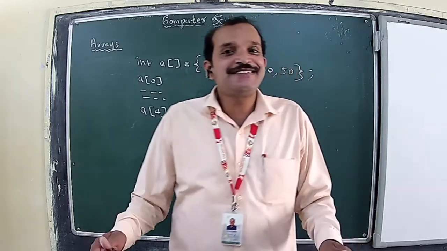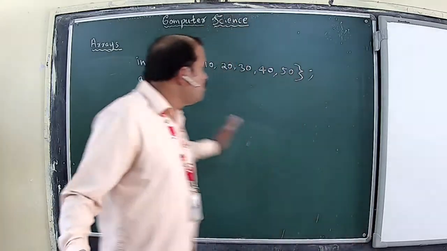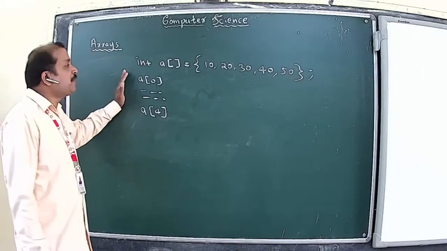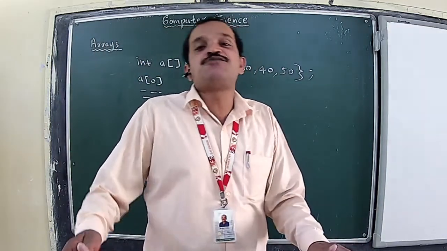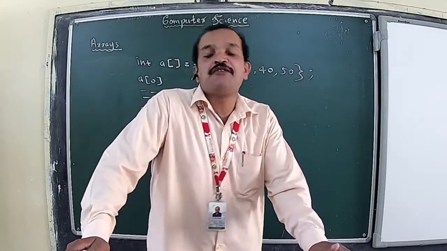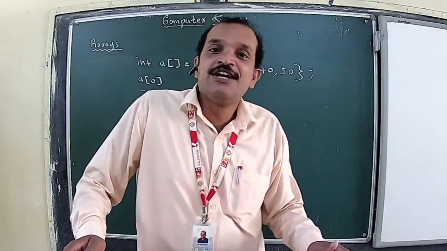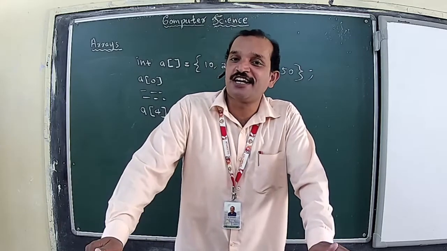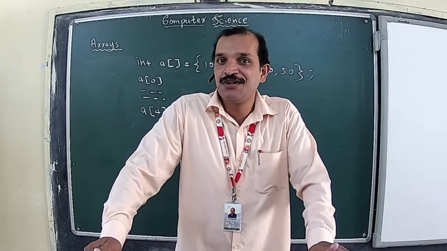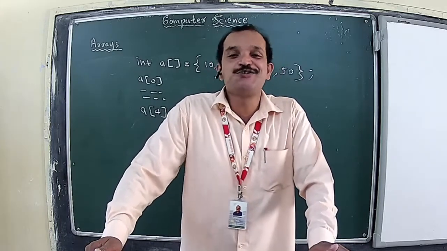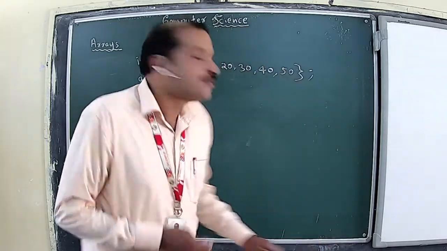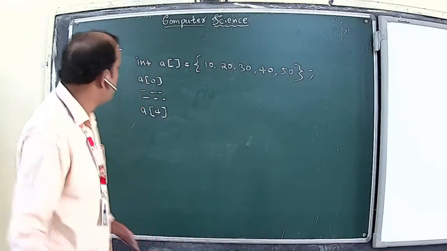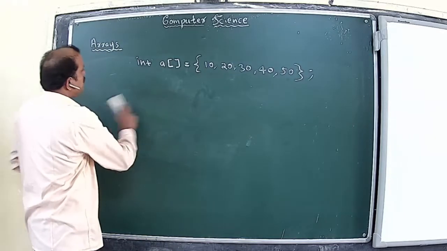So it is the use of a loop for the processing of the array that makes it more relevant to use the array in places where a large volume of data is involved. So when you want to use a large volume of data, you can use an array and a loop to process this array.